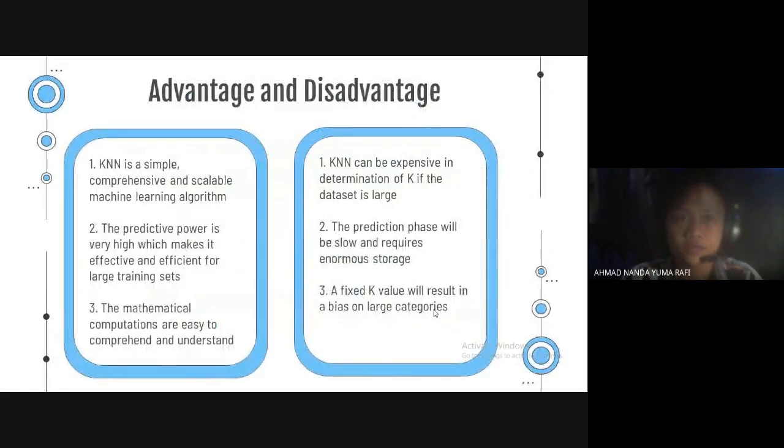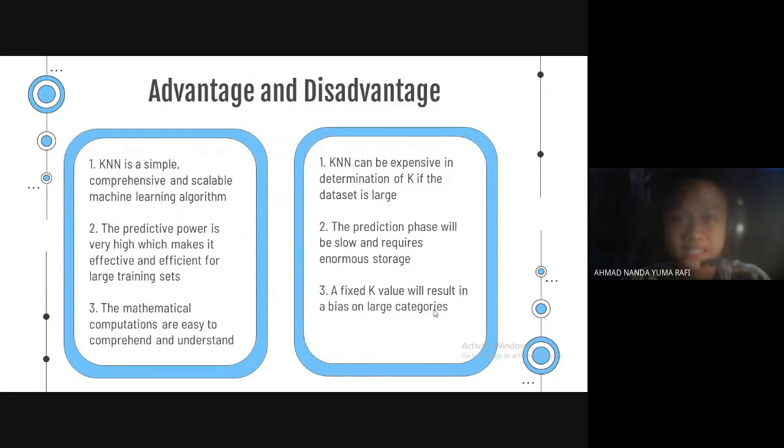And then the advantages and disadvantages of K-nearest neighbor. For the advantages, KNN is a simple, comprehensive, and scalable machine learning algorithm. The second is the predictive power is very high, which makes it effective and efficient for large training sets. And the last is that the mathematical computation is easy to comprehend and understand.